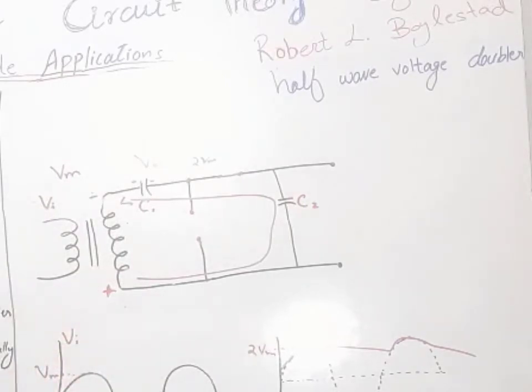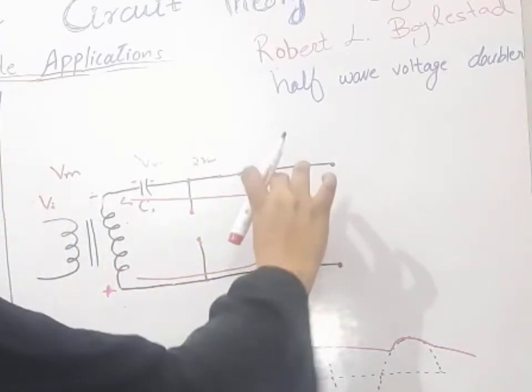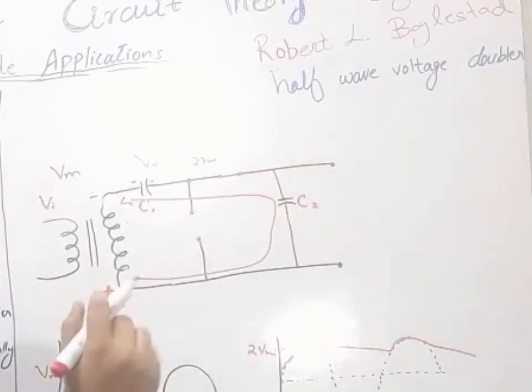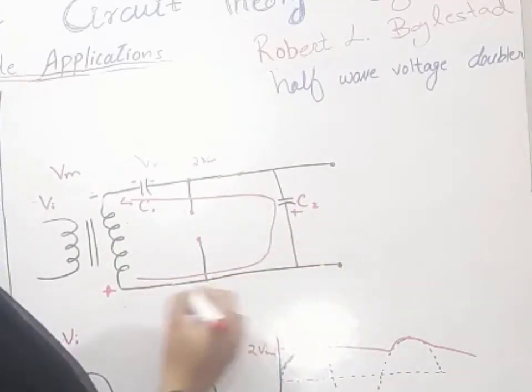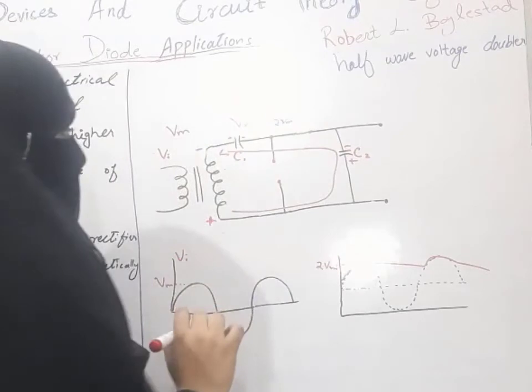Now apply the KVL equation. I am starting from this negative point. We have to write the polarity for this capacitor. This plate will be positive and this plate will be negative.